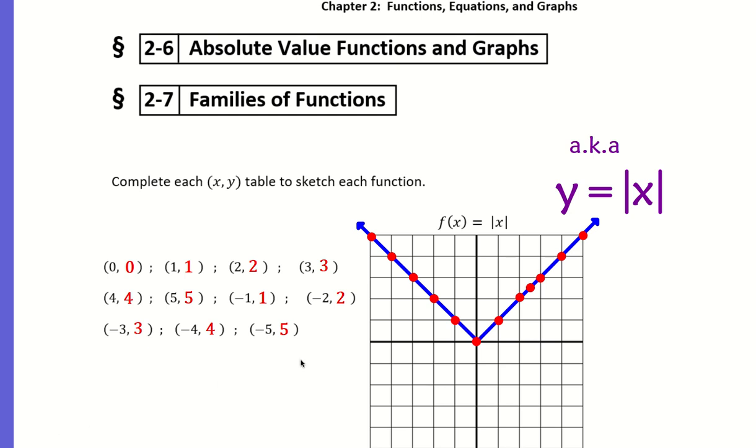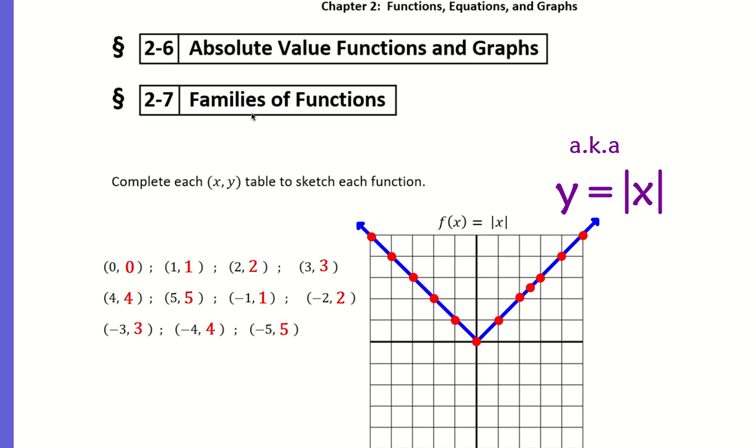Okay? And something else I hope you noticed, especially when you compare back to this first equation with its graph, because you should always compare back to this, is that y equals the absolute value of x, or in other words, f of x equals the absolute value of x, is what's actually known as a parent function.